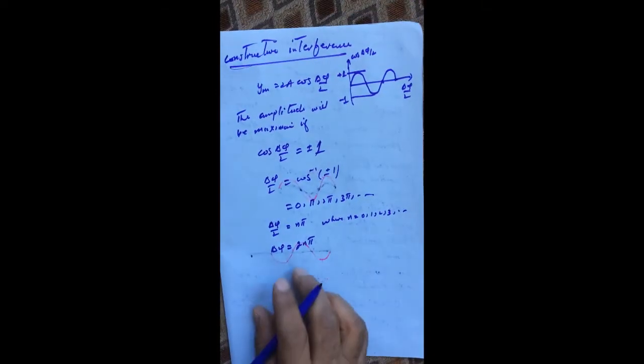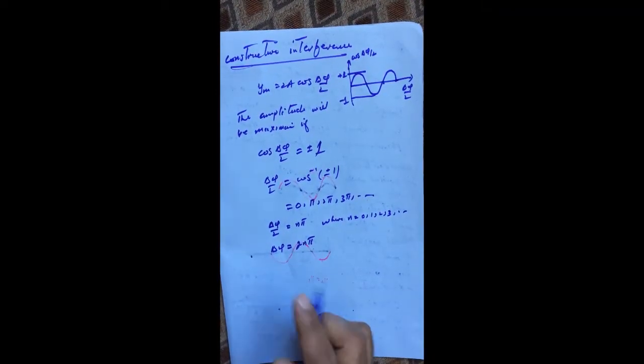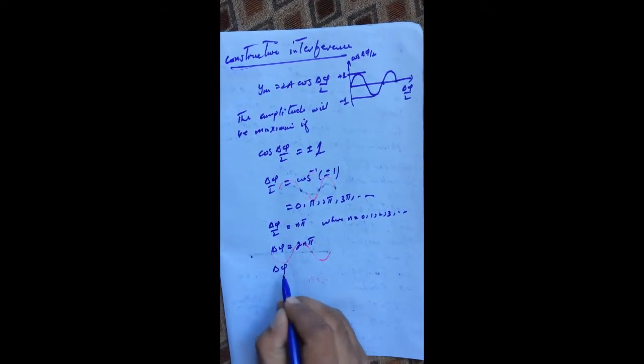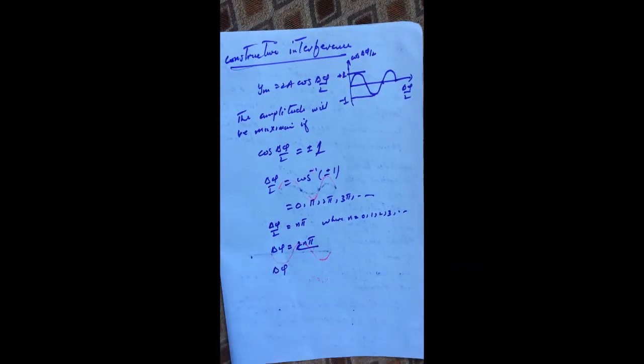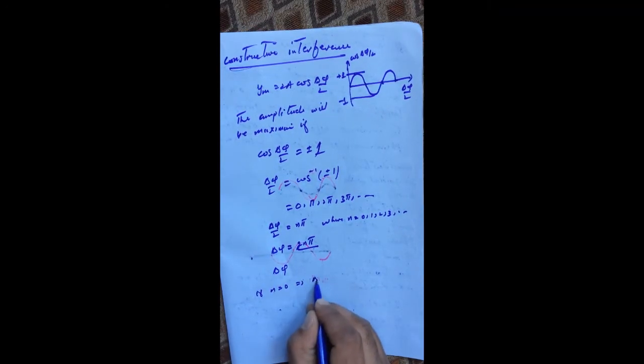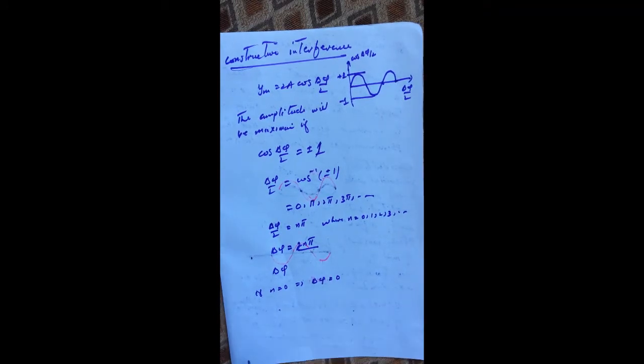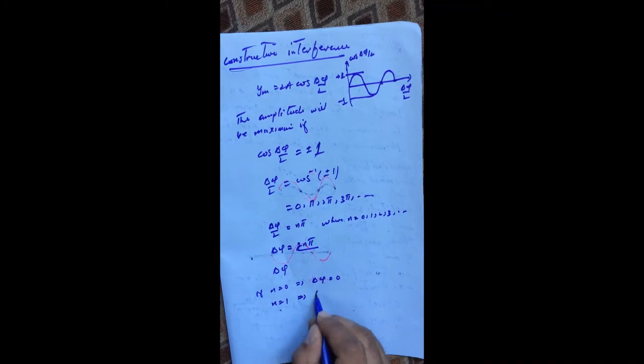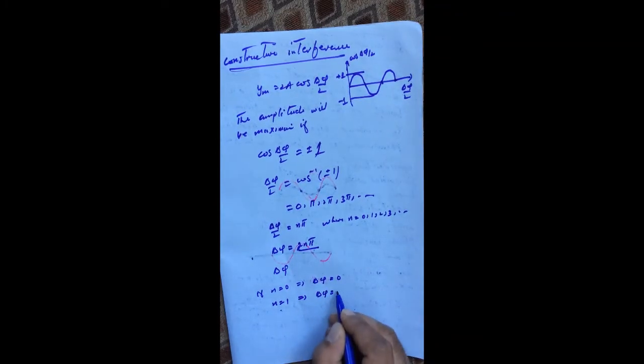So the first condition for the constructive interference is if the phase difference Δφ is 2nπ, then we have constructive interference. What does it mean? If n is equal to 0, Δφ will be 0. If n is equal to 1, Δφ is 2π.